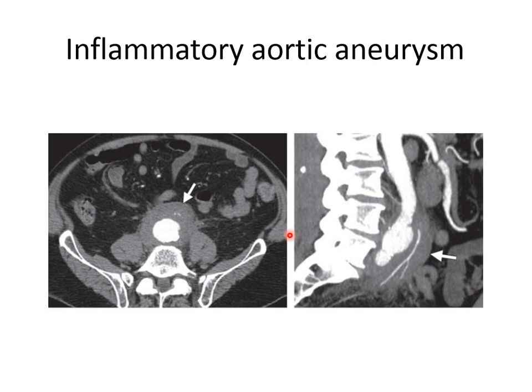Another entity called inflammatory aortic aneurysm. From the name, it is inflammation causing aneurysm of the aorta. The important thing is it causes peri-aneurysmal soft tissue or dense fibrosis.